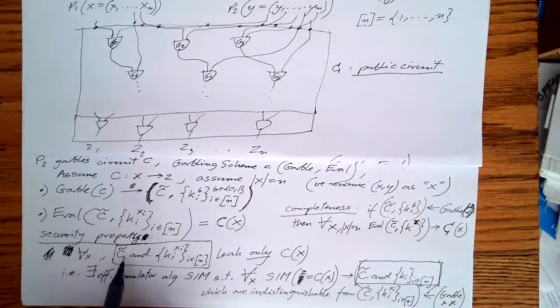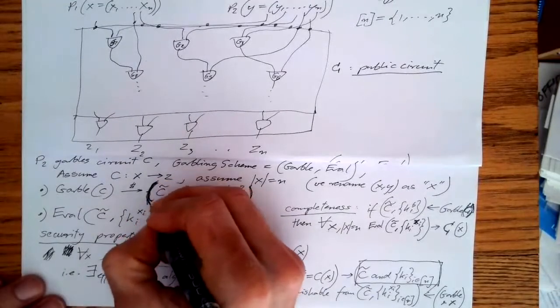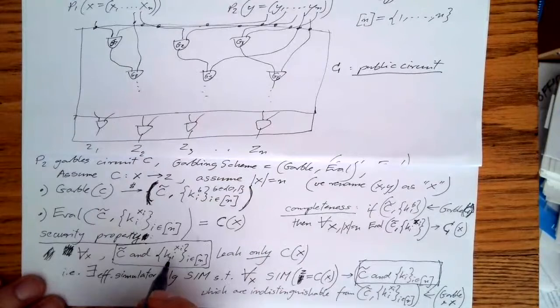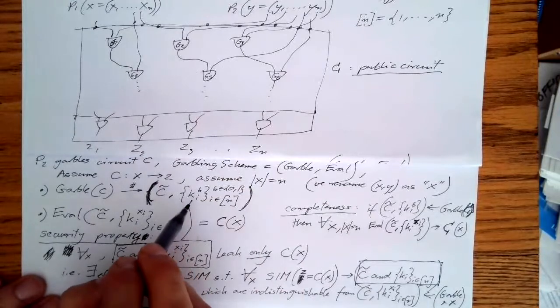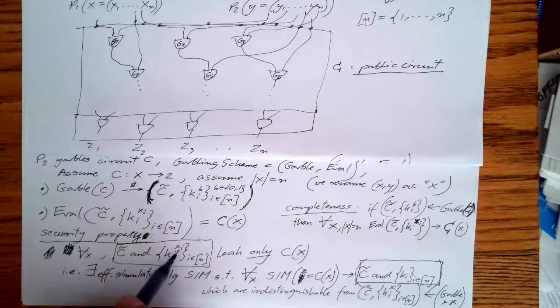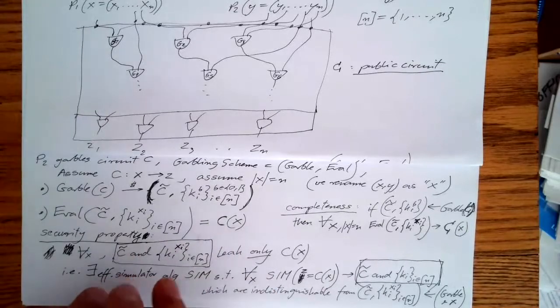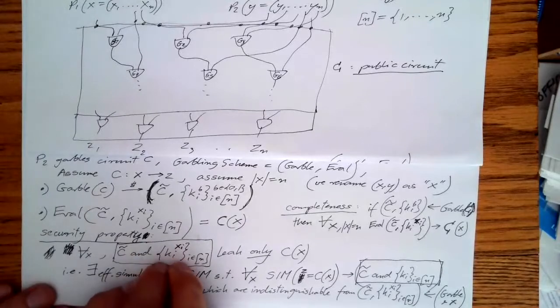The tuple is the garbled circuit and those keys from the set of input wire keys that are indexed by the bits of X. So every choice of X determines this set.